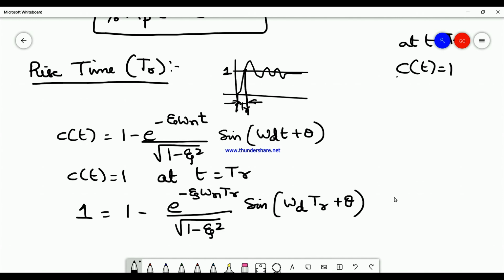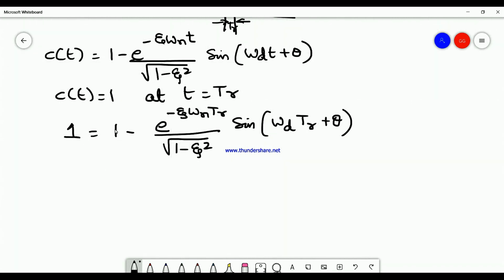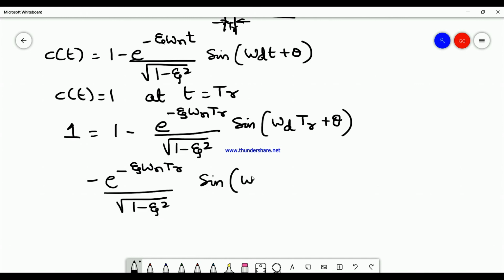So if you take this 1 to the left hand side, you see that 1 minus 1 is equal to 0. Therefore I'll say 0 equals minus e power minus zeta omega n TR divided by square root of 1 minus zeta square into sine of omega d TR plus theta.